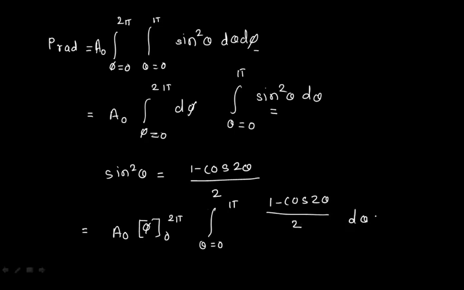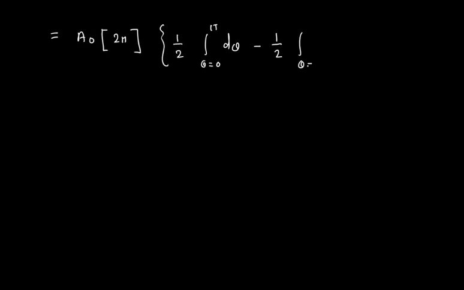I need to use another page over here. So the final equation will have 2 pi here. Okay, if you take the integration of 1 minus cos 2 theta by 2 with respect to theta, it will come as 1 by 2, theta from 0 to pi d theta, minus 1 half, theta from 0 to pi, cos of 2 theta with respect to theta.